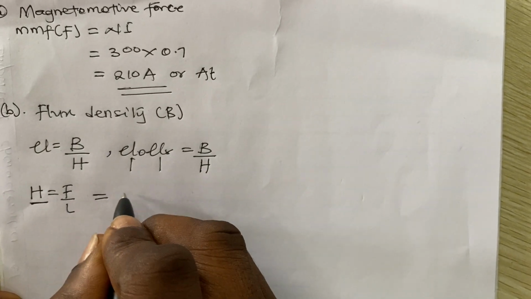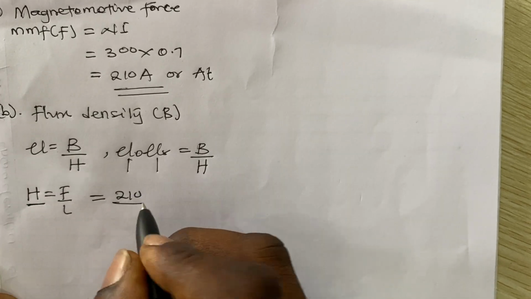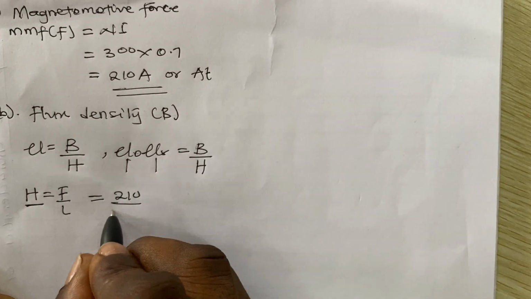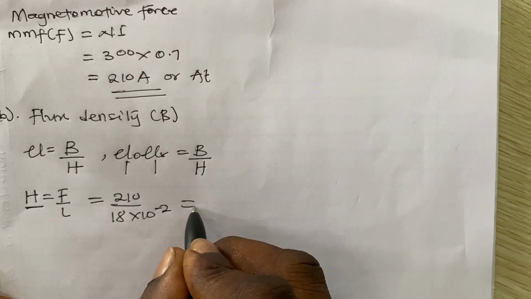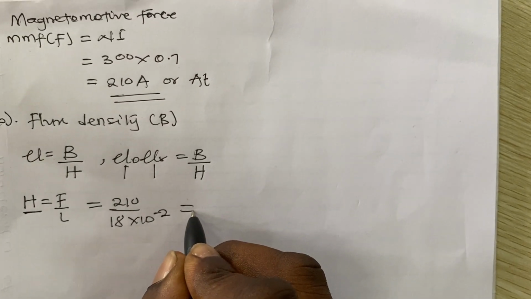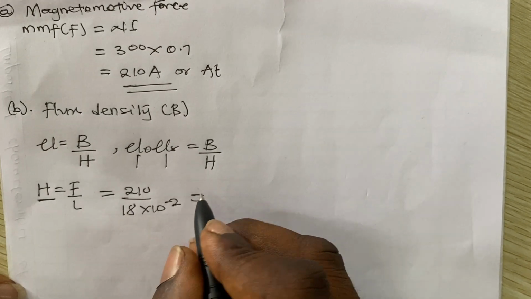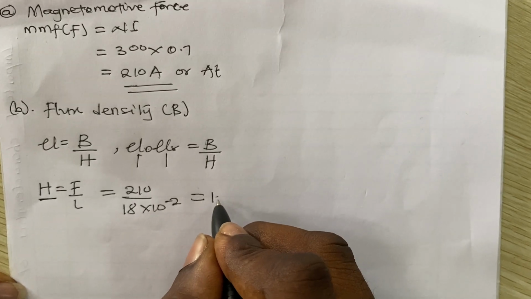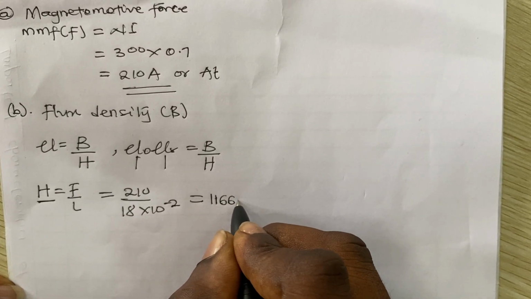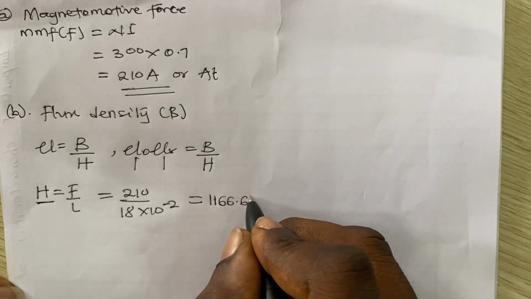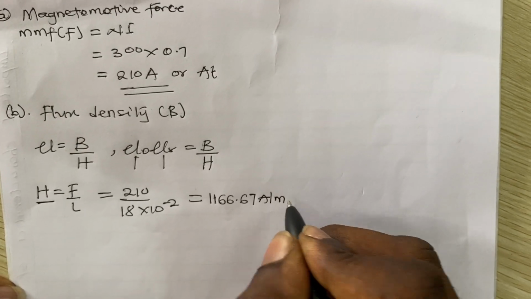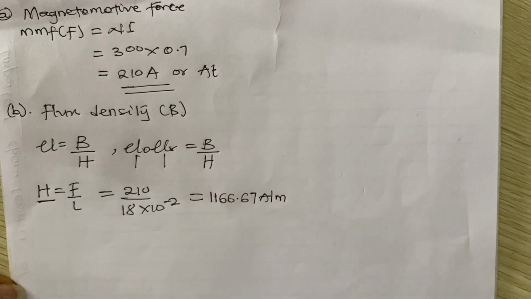So H therefore is equal to 210 on the length, which is 18 times 10 power minus 2, and this is giving us 1166.67 ampere per meters, right?